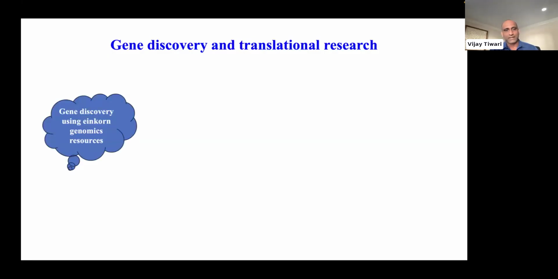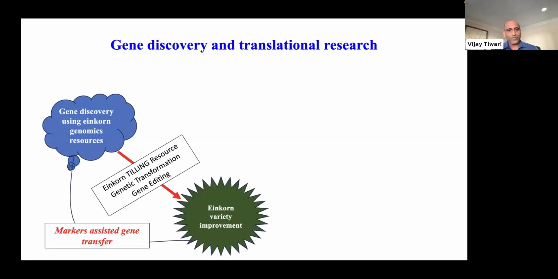The idea is that we have all these genomic resources and germplasm resources with us, so we can do the gene discovery using the mapping populations and mutant populations in einkorn itself, and we can validate those candidate genes through simple TILLING populations, transformation, or gene editing.